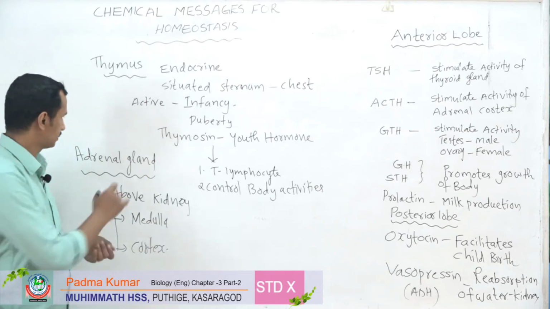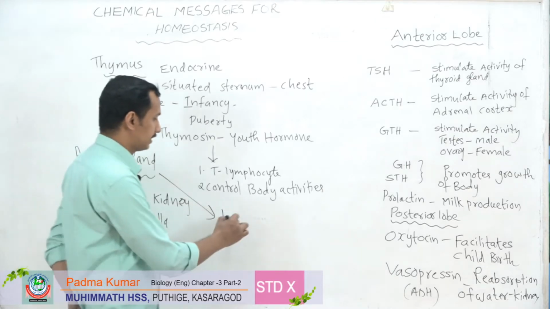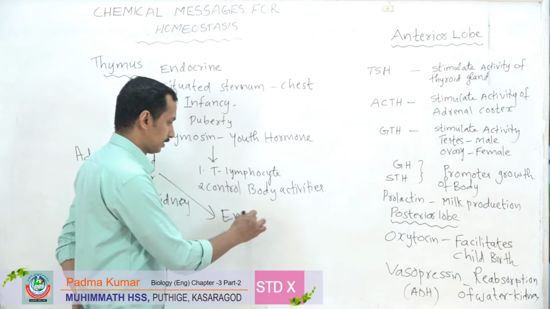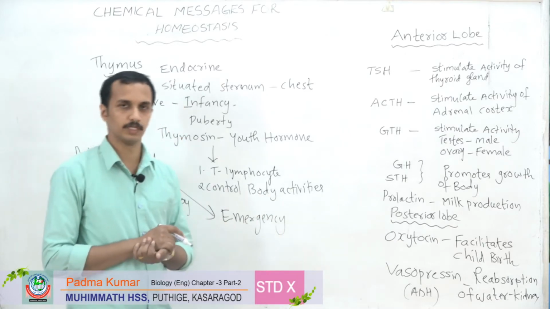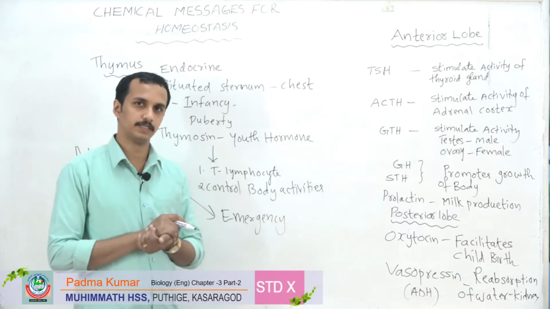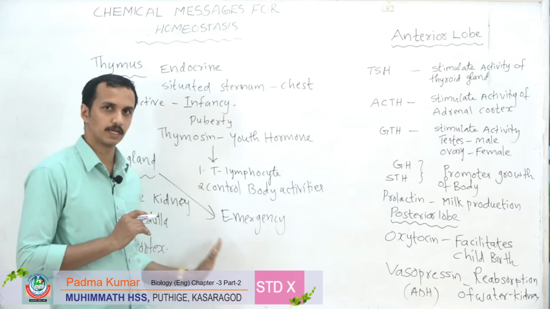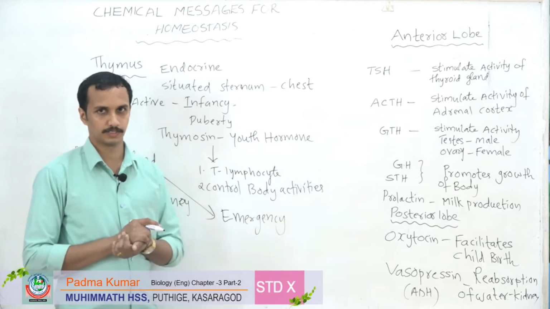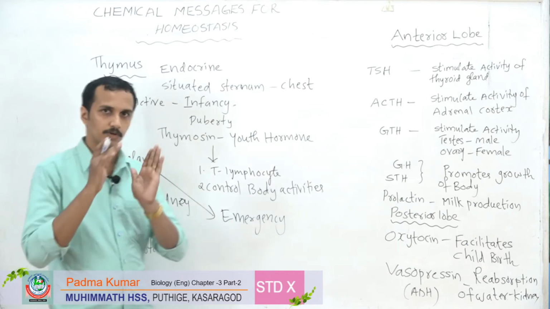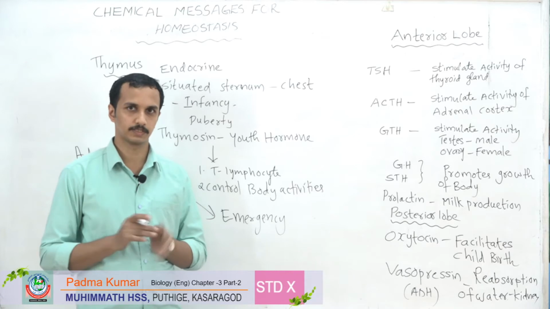This gland is usually associated with emergency functions. The adrenal gland is usually associated with emergency situations. So it releases some emergency hormones into our bloodstream. For example, we have already discussed different types of emergency situations.